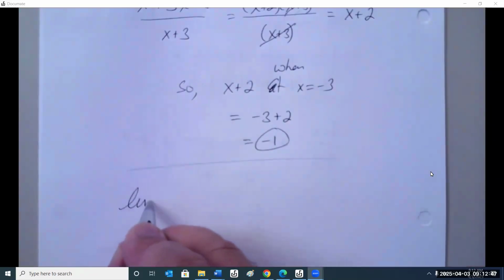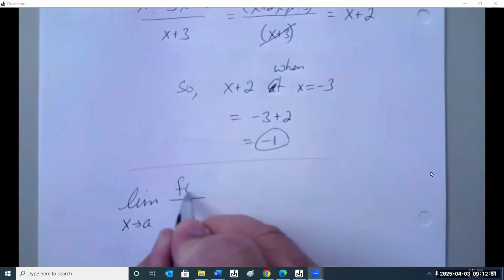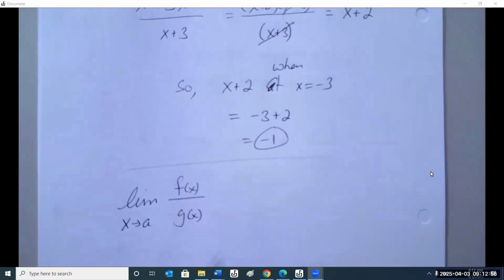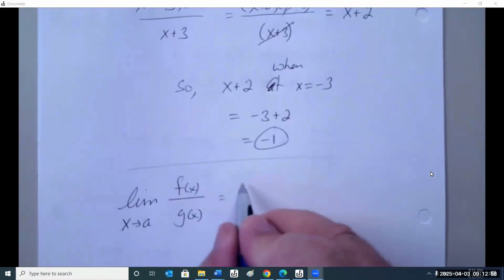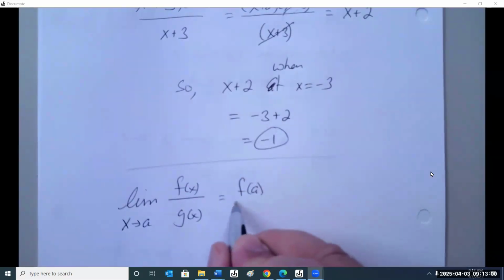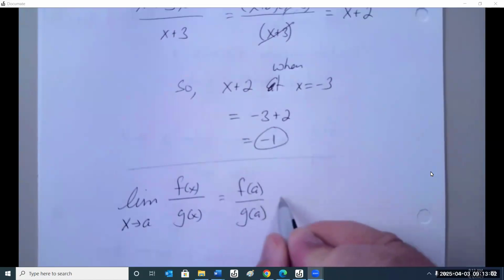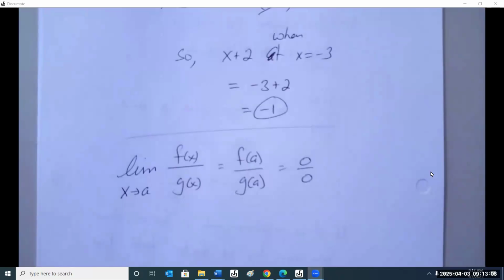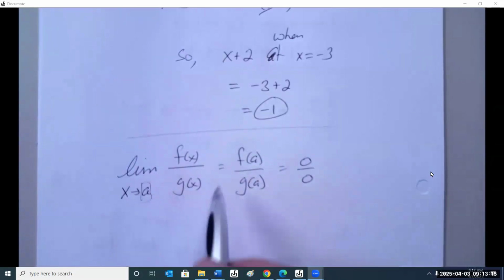So what it's saying here is if I have a function as f of x over g of x, as x goes to some number a, if we get 0 over 0, that means a is in common with both of those functions.